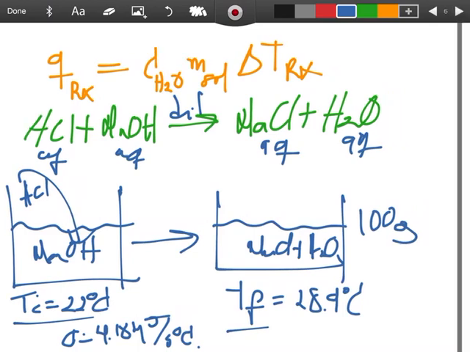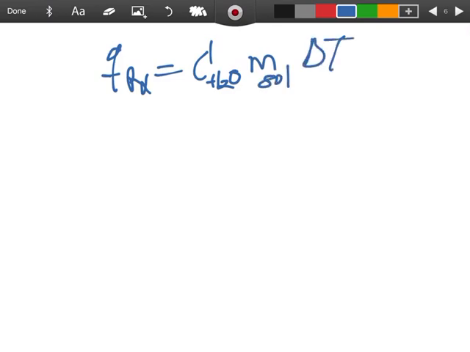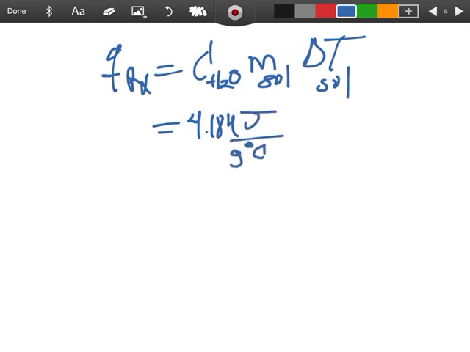So let's jump to the next page. And then the Q of the reaction is going to be the C of H2O times the mass of the solution times the change of temperature also of the solution. And just jumping and throwing numbers, if I substitute, it is going to be 4.184 joules over grams and over Celsius times the mass that I measured, that is going to be 100 grams, and the change of temperature.